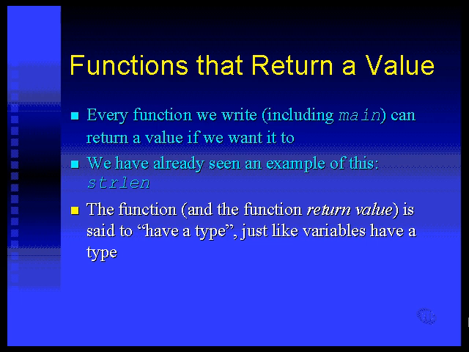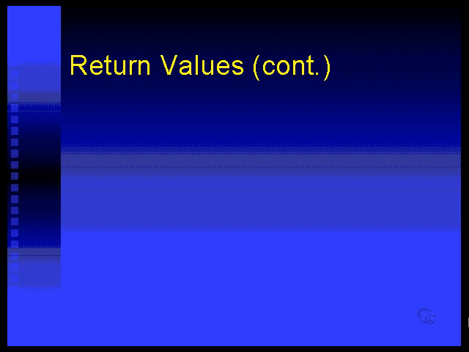And so we end up with things like integer functions, and double functions, and float functions, and char functions, and so on. So to say that the function has a type says that the function's return value has that type. Or to put it another way, that will be the type of the value that you get back from the function.